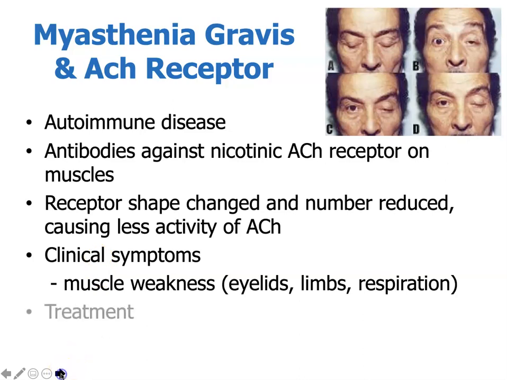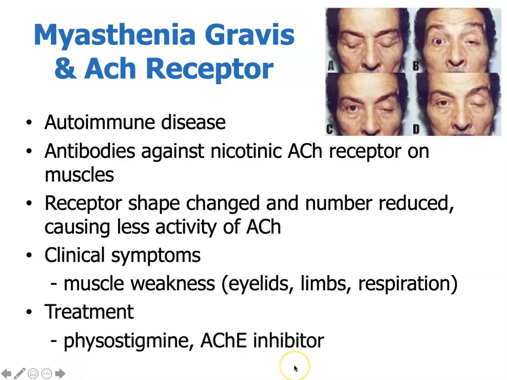There's also a use of acetylcholinesterase inhibitors. If you can keep acetylcholine in the synapse a little longer, then it's possible that you could have increased binding of the acetylcholine to any of the receptors that are not affected by the antibodies.